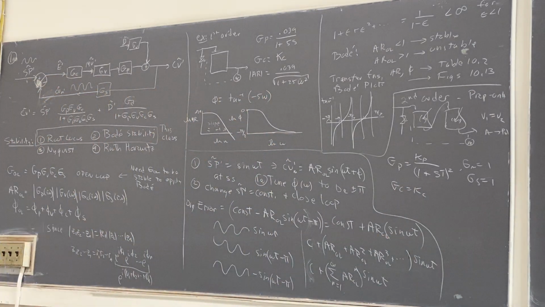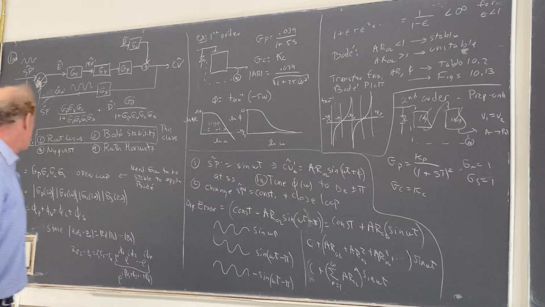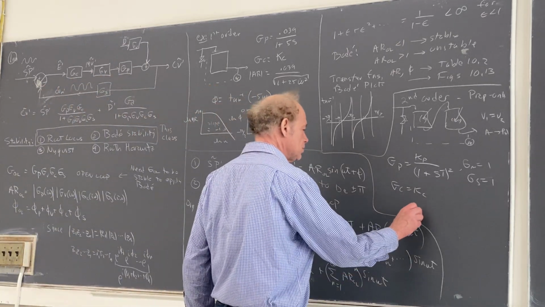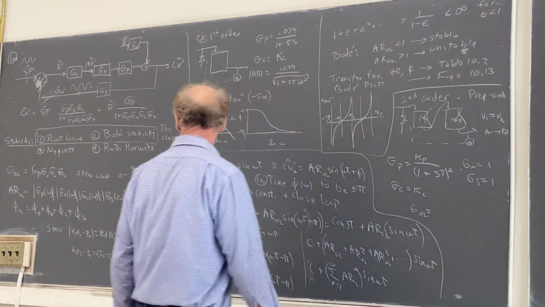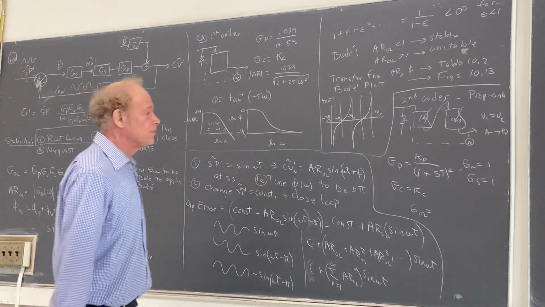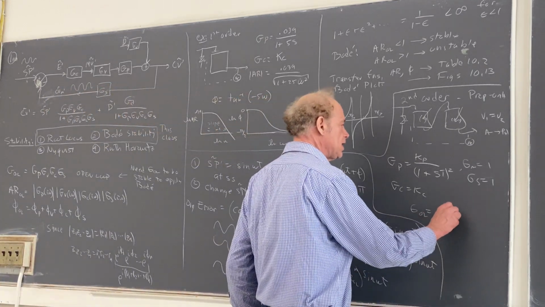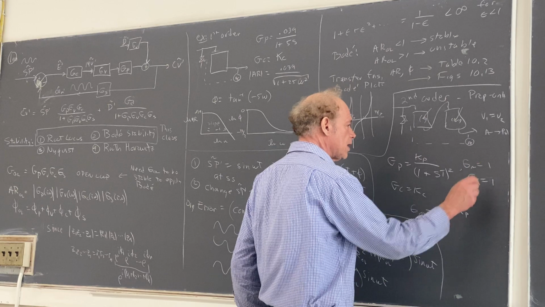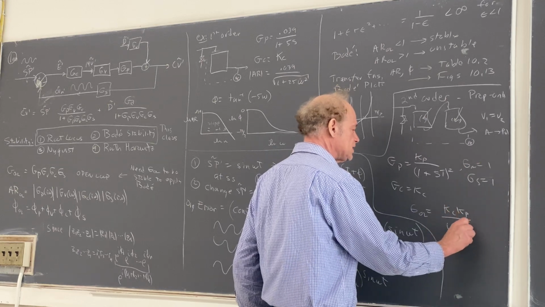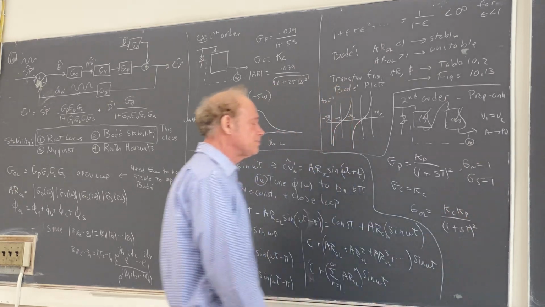So this is an example. I can choose anything I like. So if I do that, I find that G open loop is just equal to the product of these 4. So that's KC, KP, 1, 1 over 1 plus ST squared.